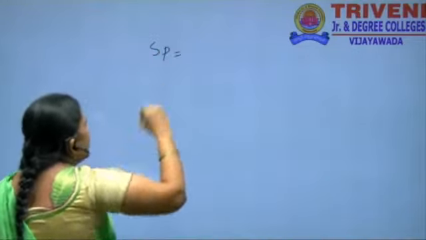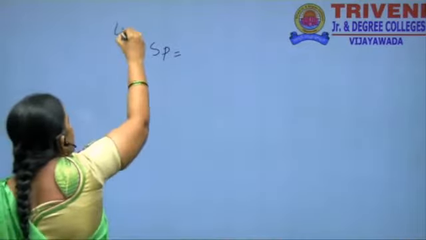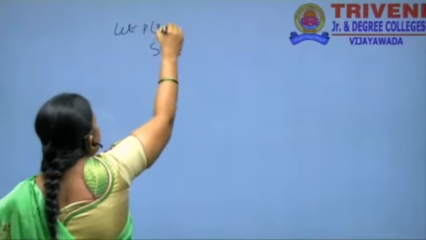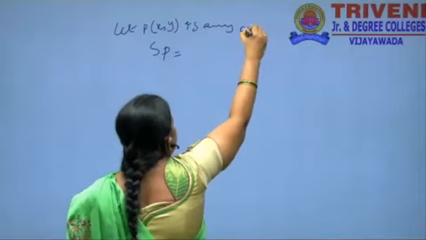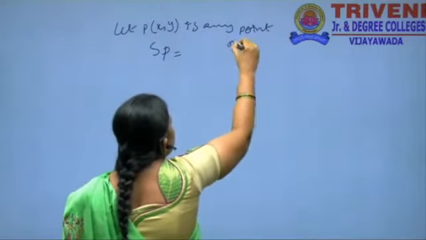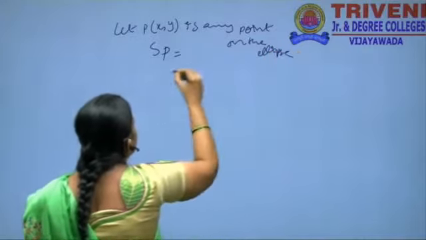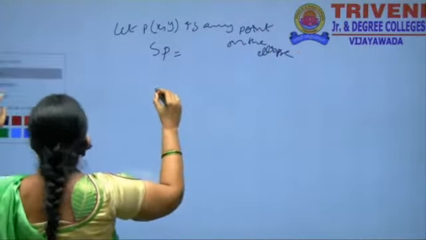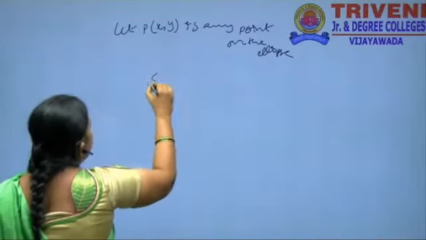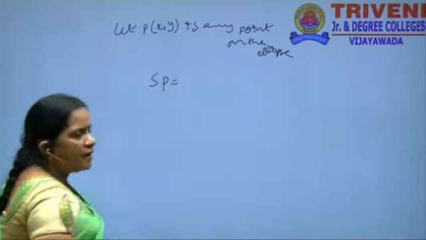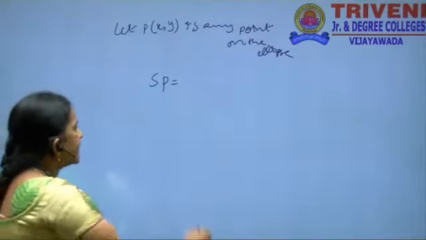Let P(x, y) be any point on the ellipse. SP is equal to the distance between S and P. You know the value of S is ae comma 0 and P is x comma y.